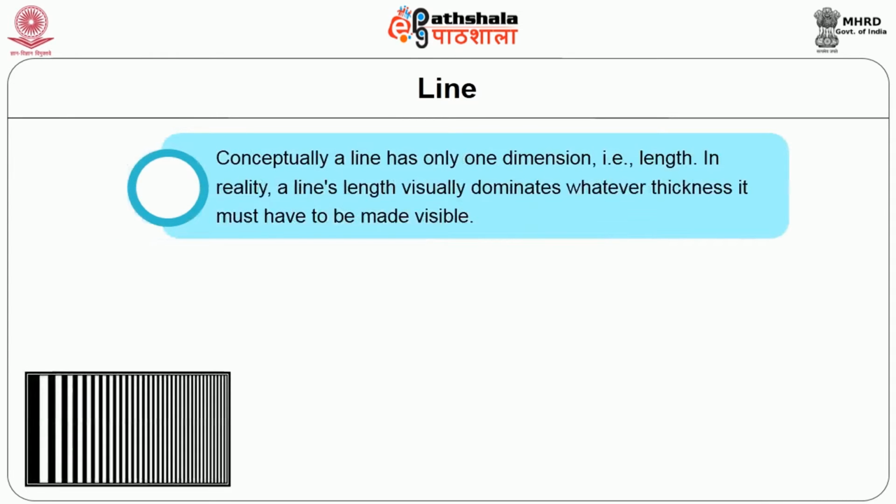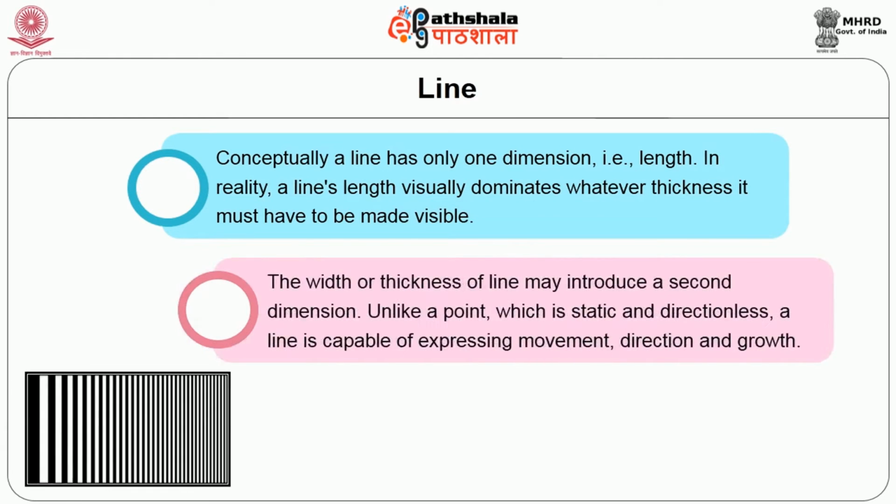Conceptually, a line has only one direction, that is the length. In reality, a line's length visually dominates whatever thickness it must have to be made visible. The width or thickness of a line may introduce a second dimension. Unlike a point, which is static and directionless, a line is capable of expressing movement, direction and growth.